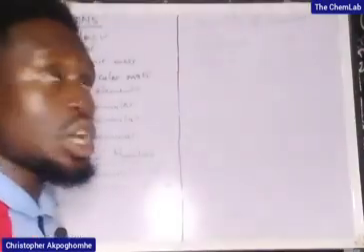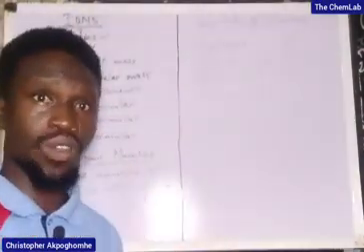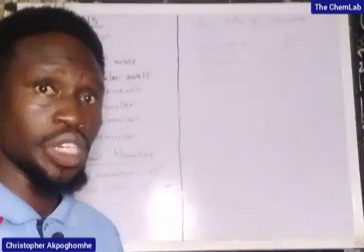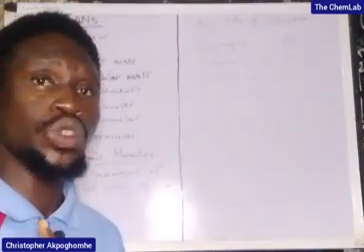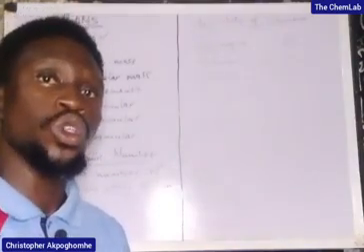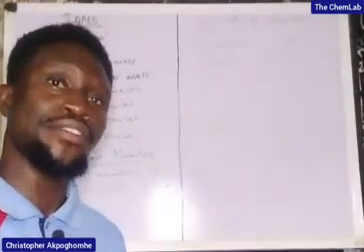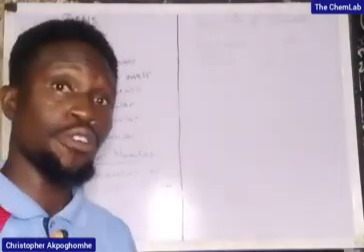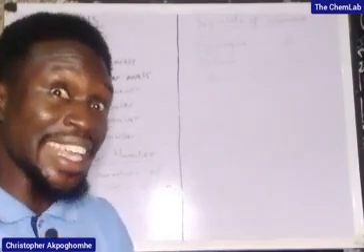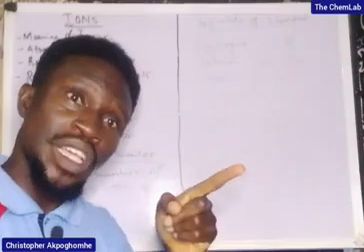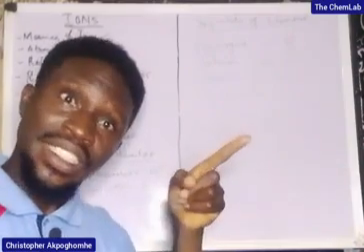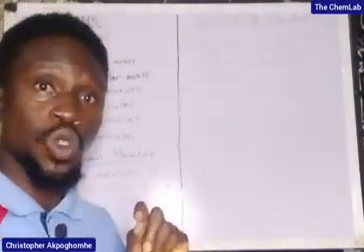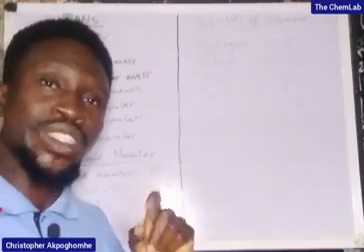Now, some of these elements have symbols that are actually formed from their Latin name. For example, in our last class, when we used sodium as an example to explain how to arrive at ions, you would remember that the symbol for sodium that we wrote was Na. But the initial of sodium is S. So why didn't we use S? The symbol written for sodium was taken from the Latin name.